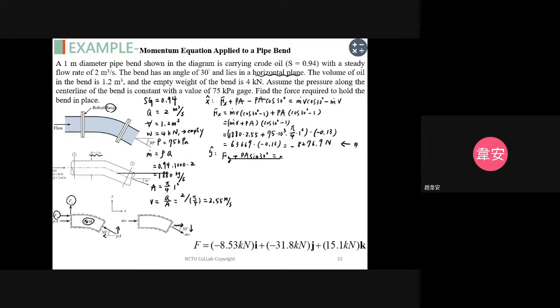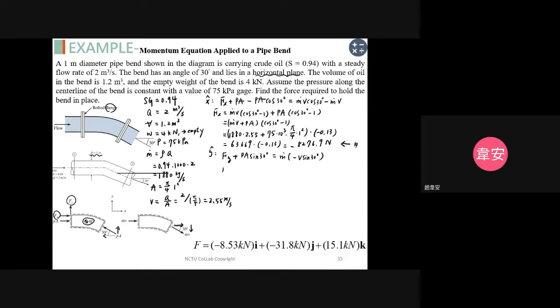So the mass rate multiplied by V sine 30 degrees, but the direction is downward, so there is the minus.